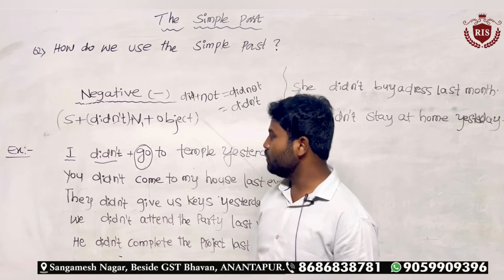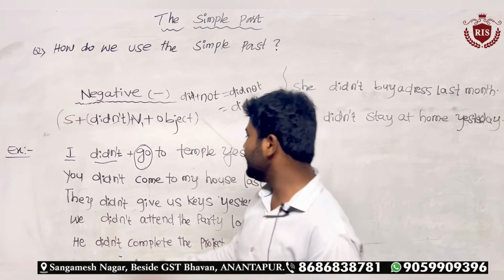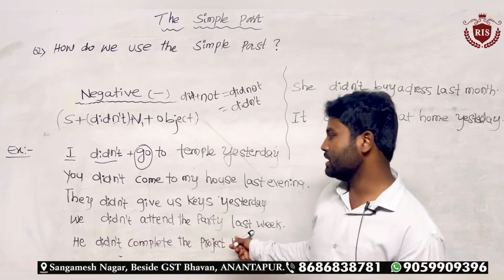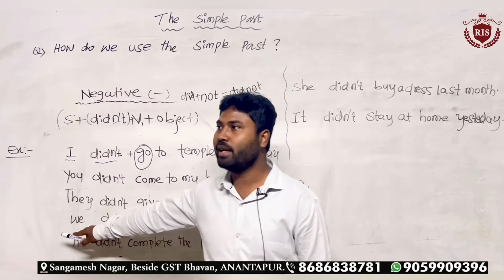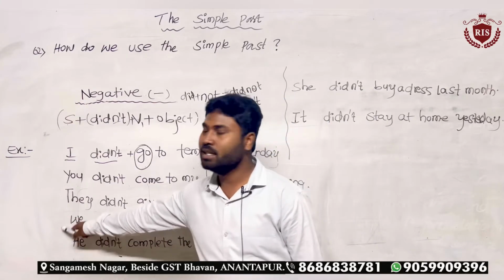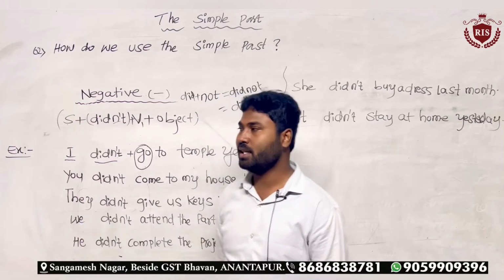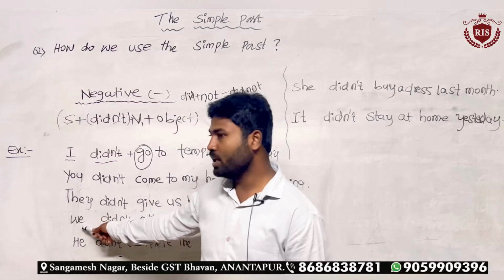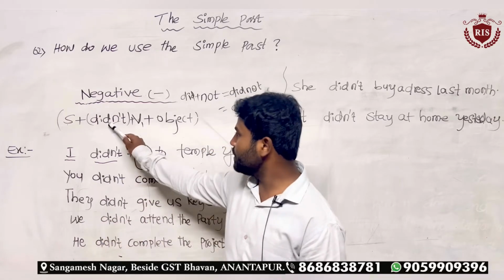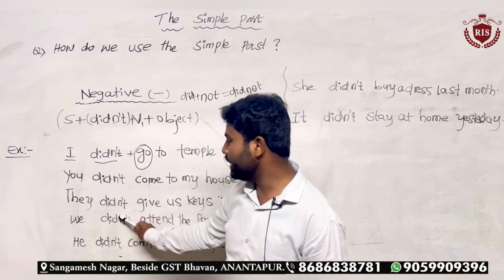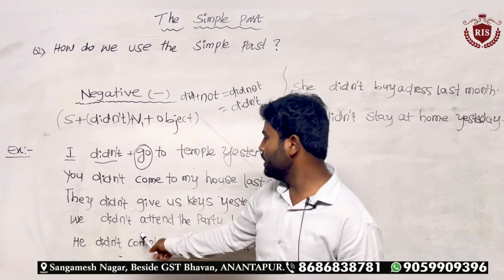As well as the fourth example: we didn't attend the party last week. Again here we have taken we as the subject, and it plays the subject role. Next, as per the formula, we have taken didn't. After didn't, what did we take?